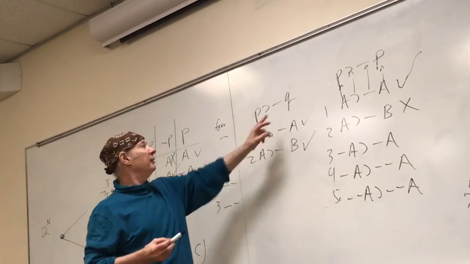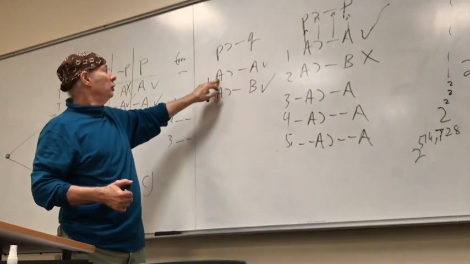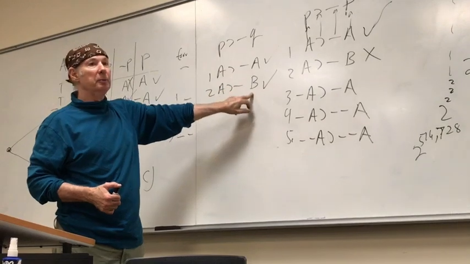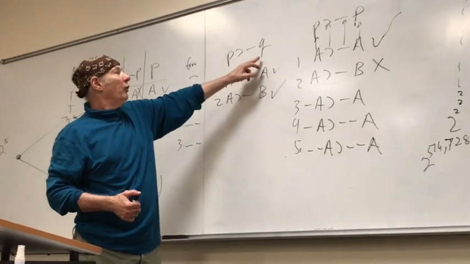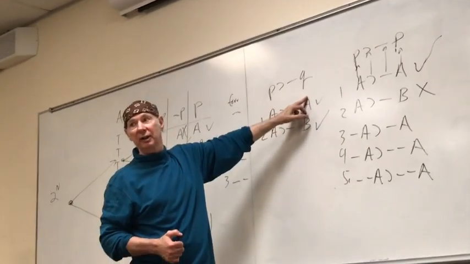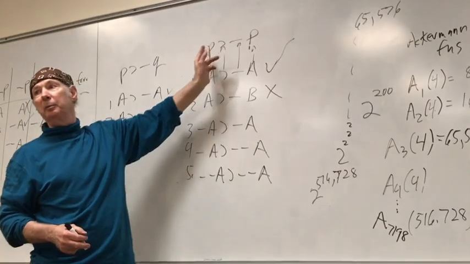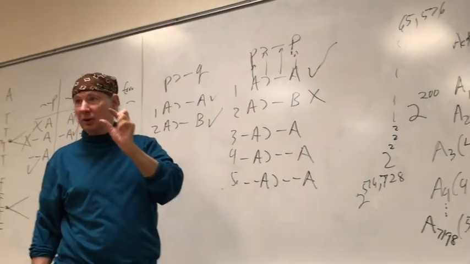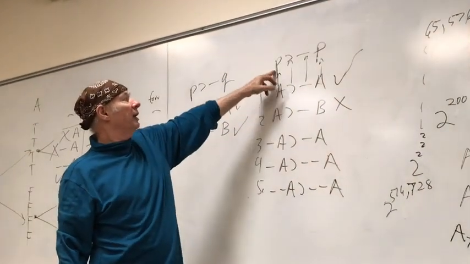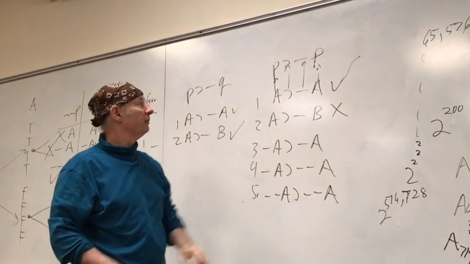If you have a different variable here, you can put the same thing in it that you put in P, or you can put something different. That this is different imposes no restrictions on what goes in it. Both go in. But when you have the same variable repeated, it imposes a restriction. Whatever you put in the first occurrence, the same thing has to go in the next one.